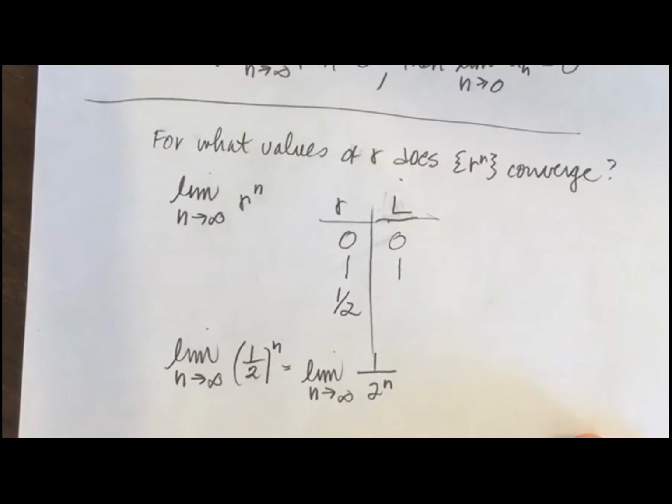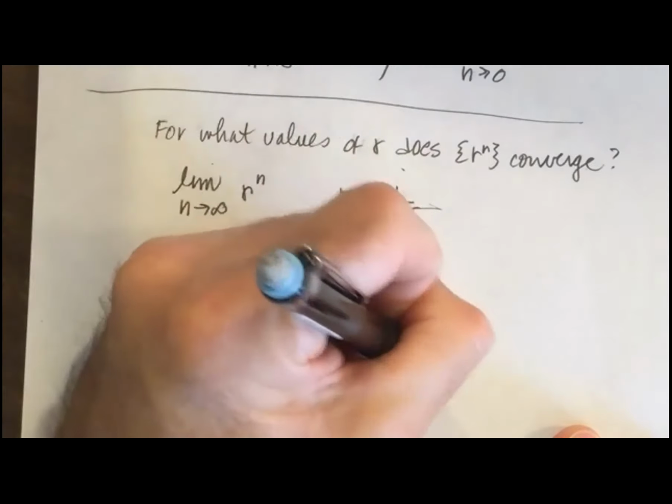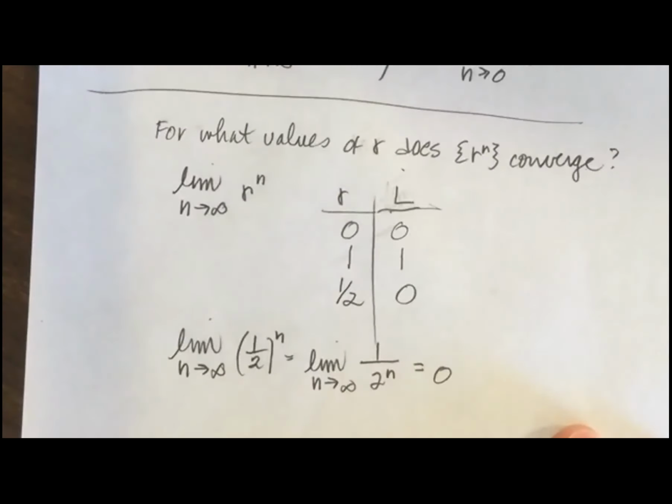That'd be 0 as well, right? So I'm thinking it's definitely going to converge for 1/2. The bottom's getting bigger, bigger, bigger. The top's staying 1. So if they're dividing by something big, it's going to 0.